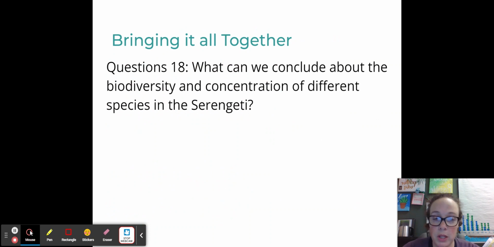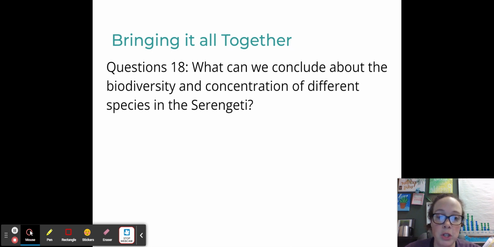And this is the really important one. This is where, at the end of it, we're looking for the understanding. So question 18, what can we conclude? What can we put together about the biodiversity and concentration of different species in the Serengeti? And in our text, it asks us to cite two sets of evidence. Of course, we have two sets of evidence today: the photo capture data and the chunked reading.